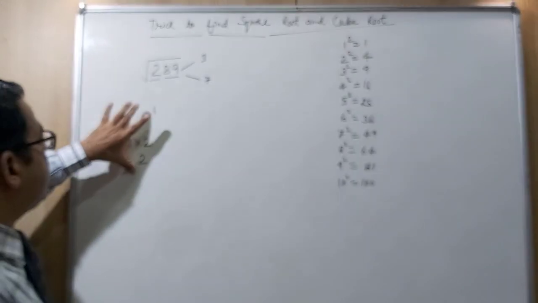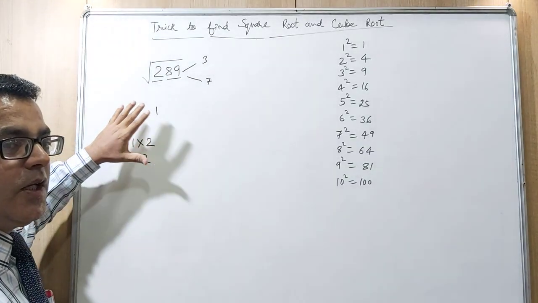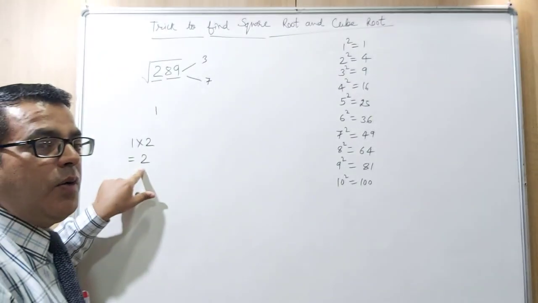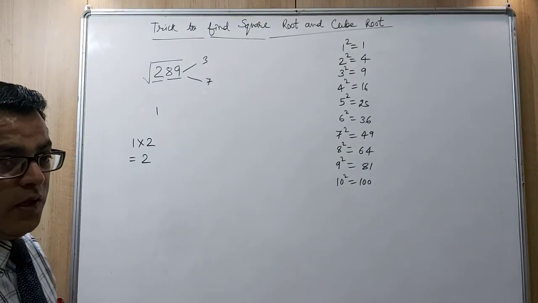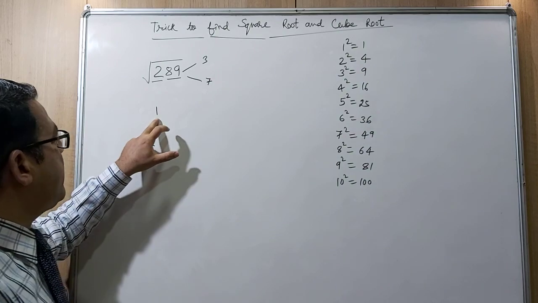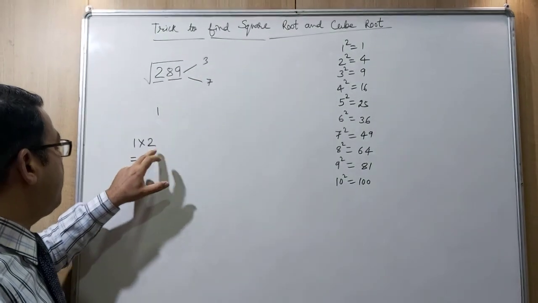If this number is greater than or equal to this number, then we need to take the higher value. And if this number is less than the product of these two numbers, then we need to take the smaller one. So here you can see 2 into 1. 1 is this number, and what is 2? 2 is the successor of this 1, 1 plus 1, 2. So we need to multiply it by 2.